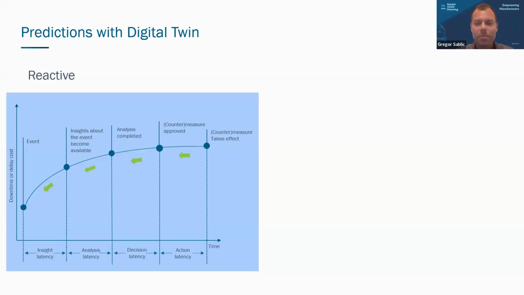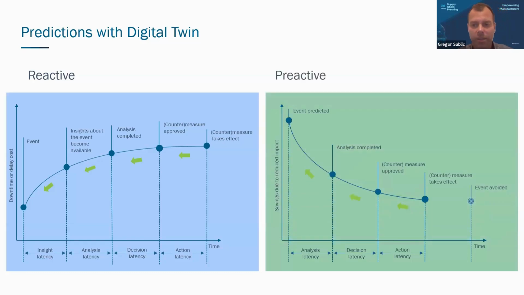That means that a certain event happens before any insights are available for it, and before any analysis is completed. We would like to be preactive on the other side. So events are predicted in advance, and we can avoid them by taking countermeasures before they can happen.